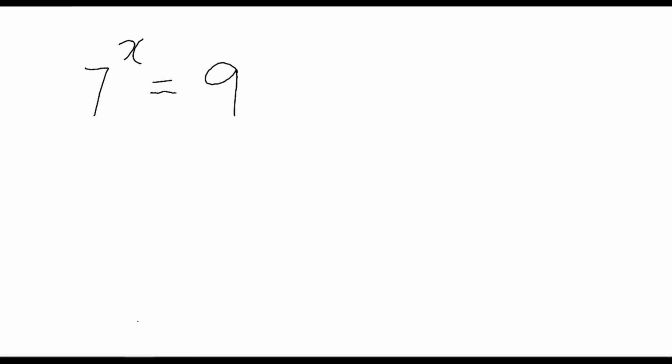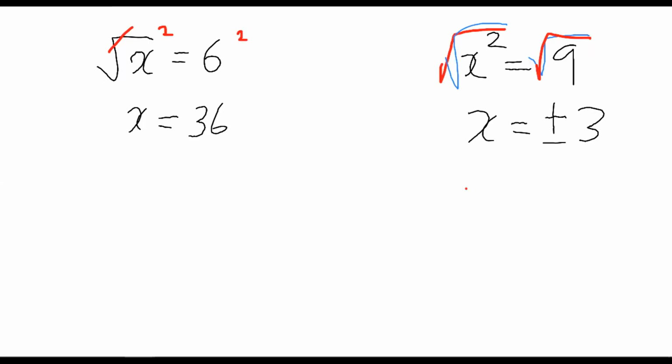Because here the base is 7, if you take log on both sides with base 7, this will get cancelled off. Let me show you. Just like earlier, we squared both sides, we square rooted both sides.